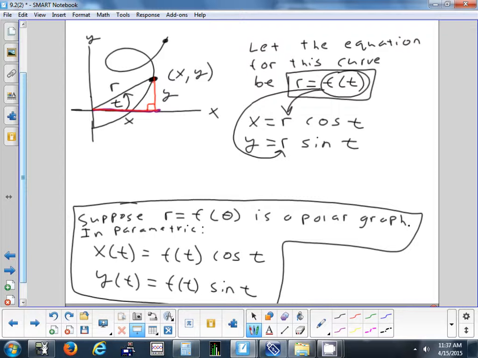And in parametric, the first equation is just the horizontal component of my radius. So take that radius, multiply by cosine t. Second equation, that's for my vertical component. So I'm going to take my radius, which will be given to me in a formula, use that formula, change it to t, take that and multiply by the sine. That gives me the vertical.